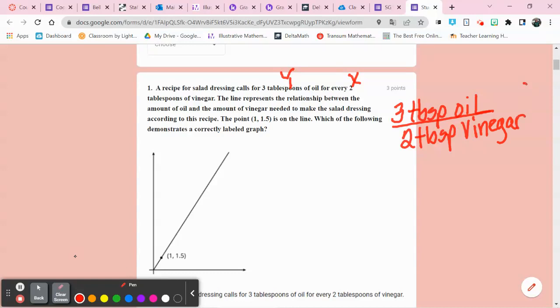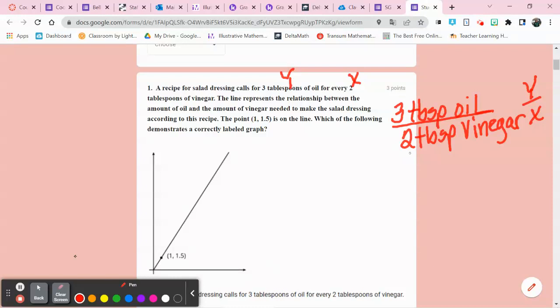Why is that important? There's your y. There's your x. So that tells you what's going to be on your y line and what's going to be on your x line. On our x line, we should have vinegar. Our y line, we should have oil. So that's what we're going to go look for.